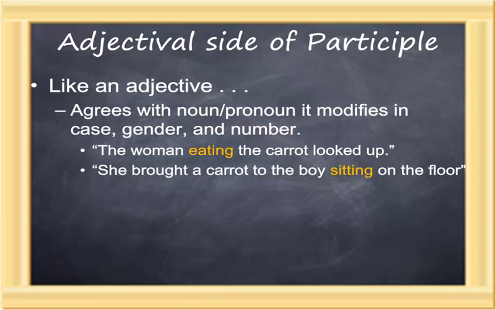In the sentence, "She brought a carrot to the boy sitting on the floor," since the word boy in the Greek sentence, indirect object, would be dative masculine singular, the case ending used on the participle for "sitting" would be dative masculine singular.